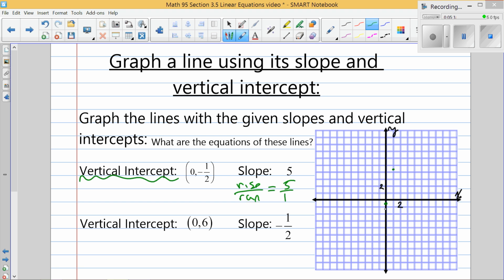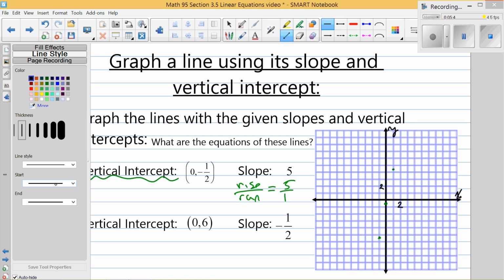I could also go down 1, 2, 3, 4, 5, and to the left 1 unit. It's always rise over run from the vertical intercept, and it's a good idea to go both to the left and to the right of the vertical intercept. So at this point, I'm ready to graph my line.